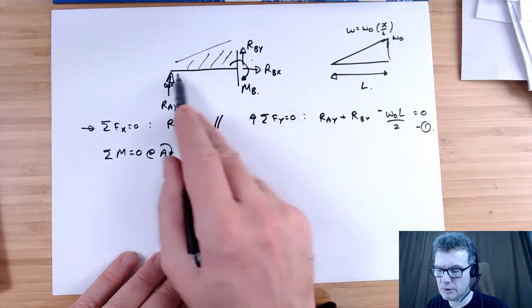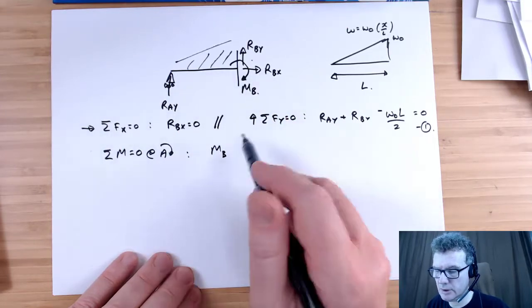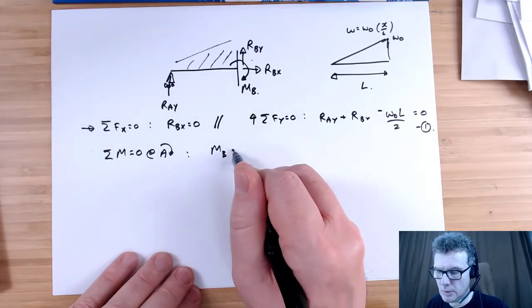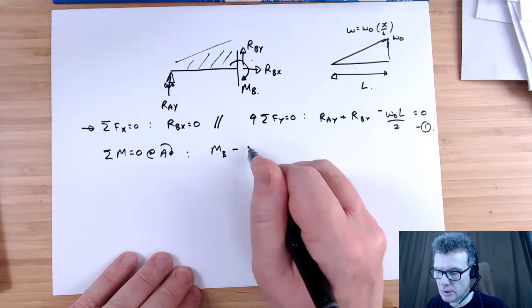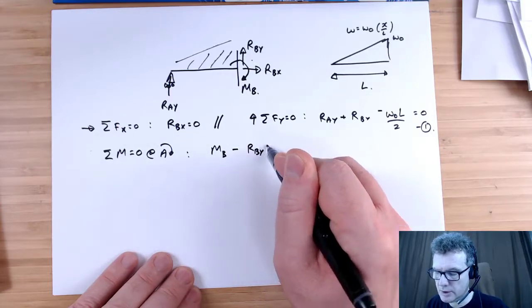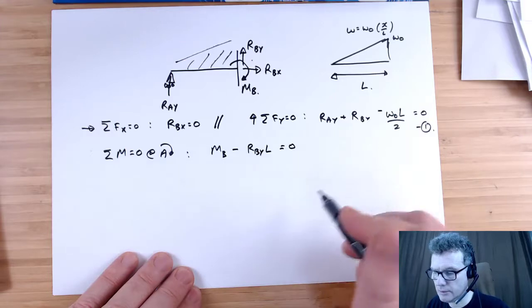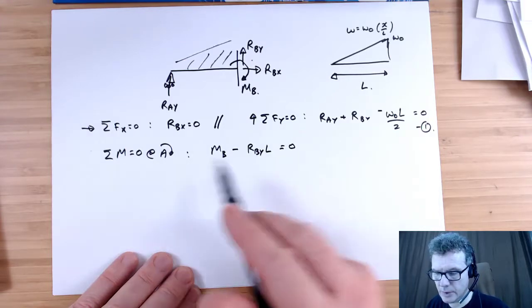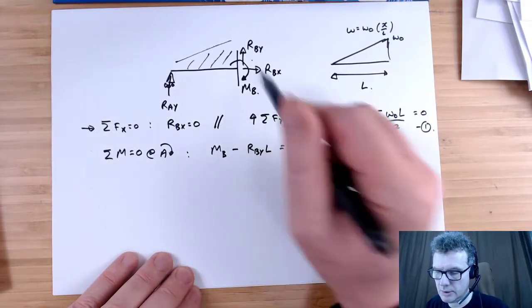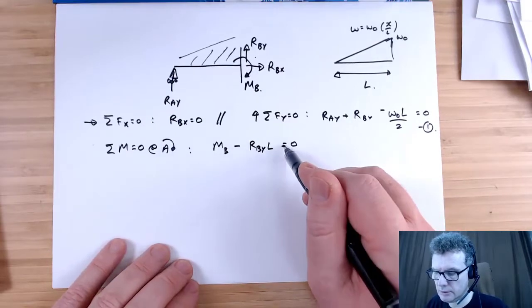RBX just goes to the middle, it's 0 anyway, so that is minus RBY times L equals 0. No, I've forgotten my distributed load again, haven't I? So it doesn't equal 0.